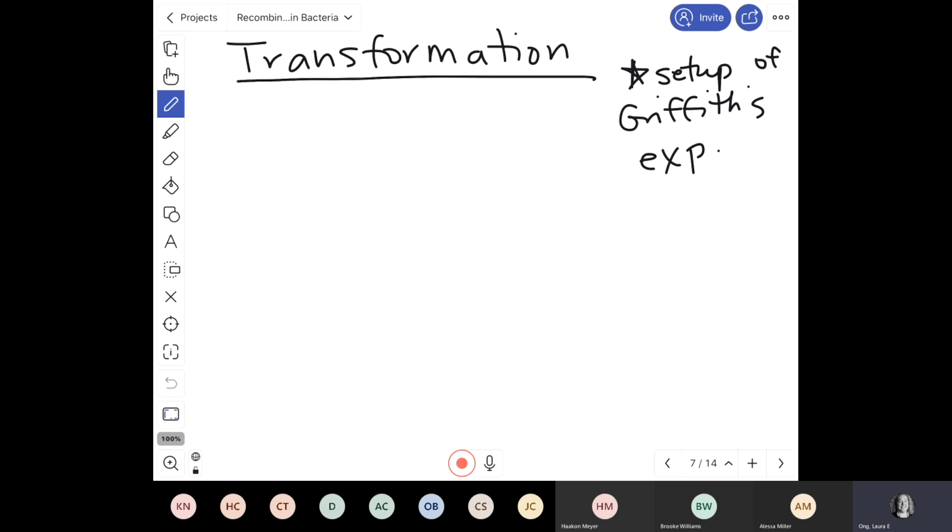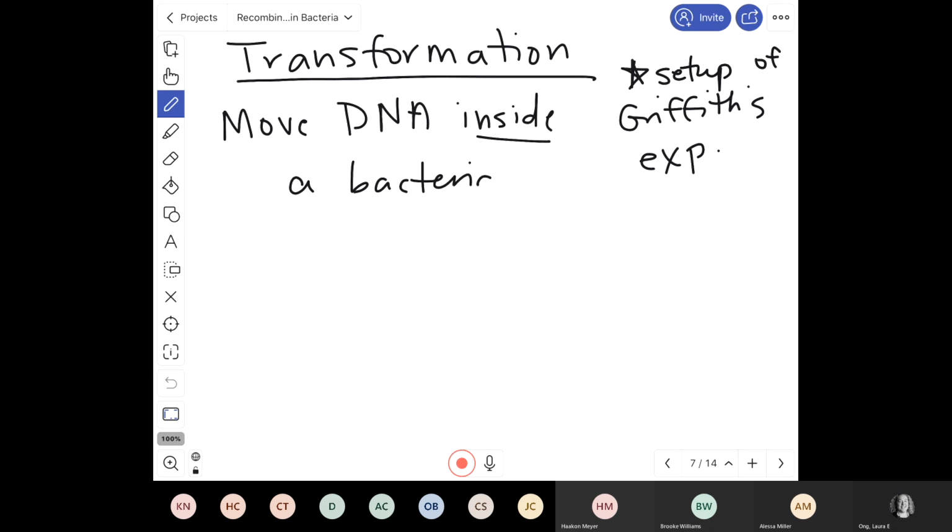Okay, so transformation is actually the ability to move DNA inside a bacterial cell and use it. A lot of bacteria have this ability that they can just take up DNA that's in their environment. Let's make the DNA blue.